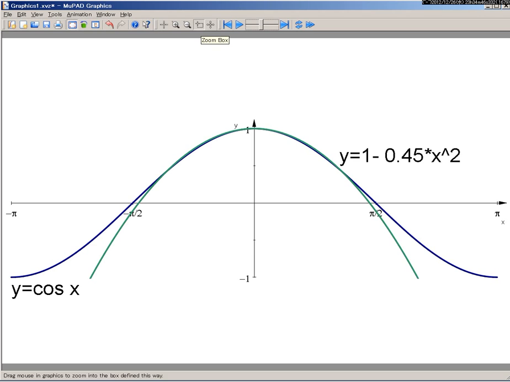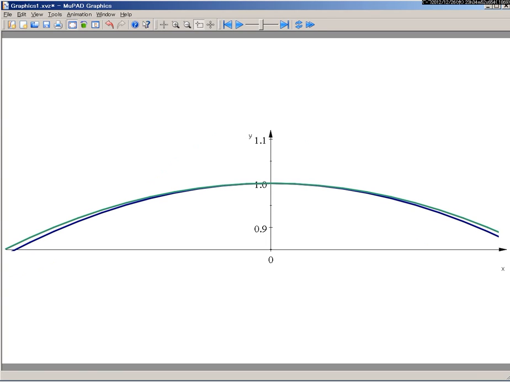Unfortunately, GeoGebra doesn't have this. As you can see, if you magnify, you can find differences or gaps between two graphs. So we are going to change the number a.